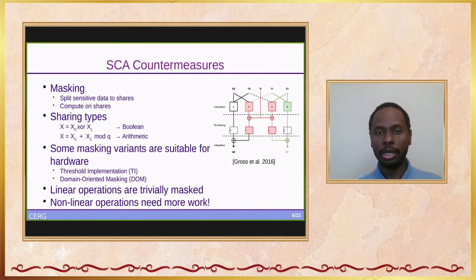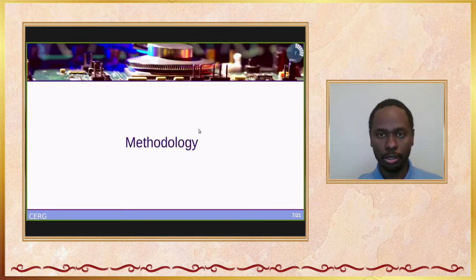And there are some countermeasures that are suitable for hardware, for example, threshold implementation and domain-oriented masking. These are types of countermeasures that are designed to resist glitches. In general, in any masking scheme, linear operations are trivially masked, but nonlinear operations need much more work.